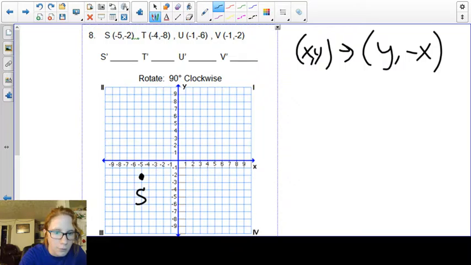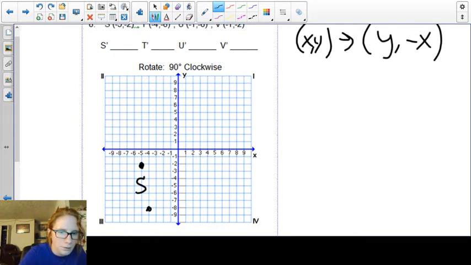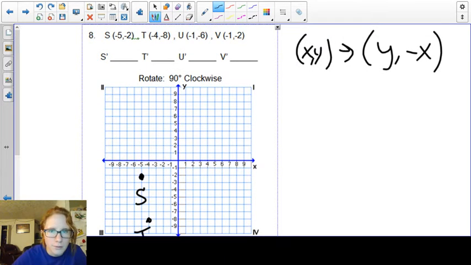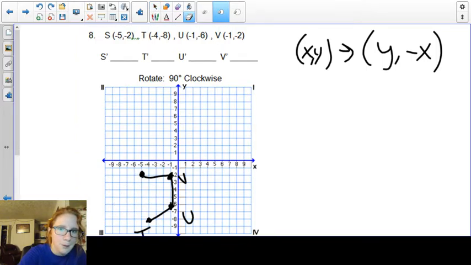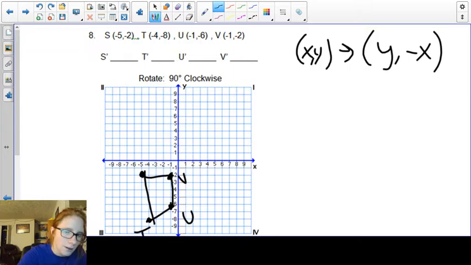We have -4, -8, T. We have -1, -6 for U, and then we have -1, -2 for V. Oh, dang. I was trying to move that S, but it was just attached to that dot.